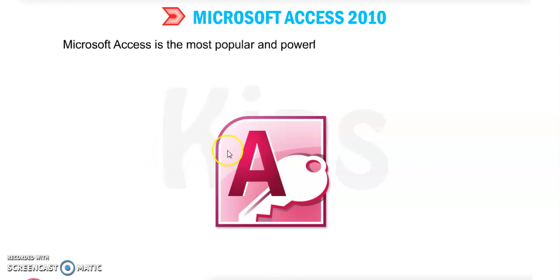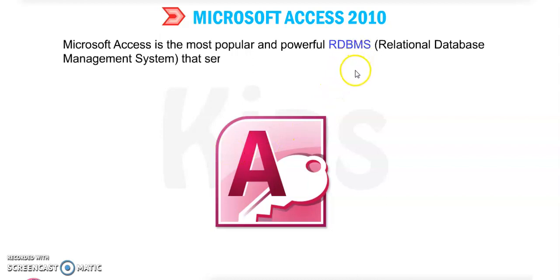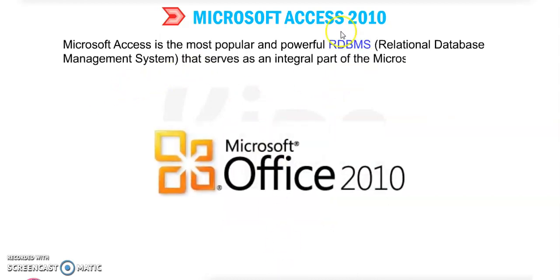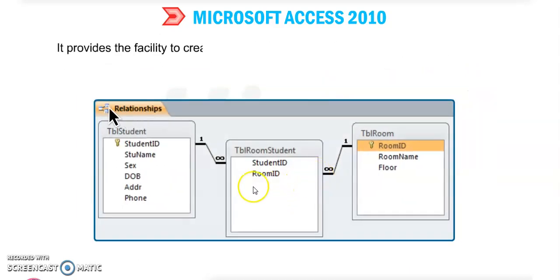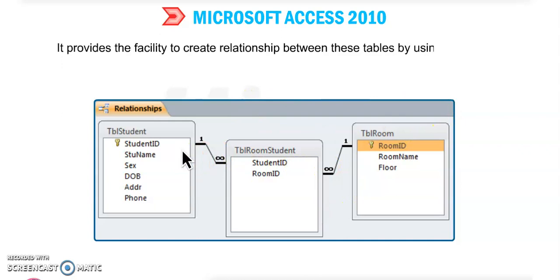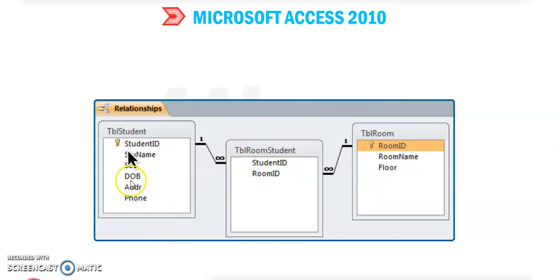Access is the most popular and powerful RDBMS, Relational Database Management System, that serves as an integral part of the Microsoft Office suite of applications. It organizes data in the form of tables. Okay, it also provides the facility to create relationships between these tables by using common fields.